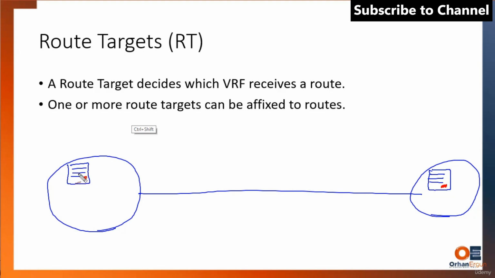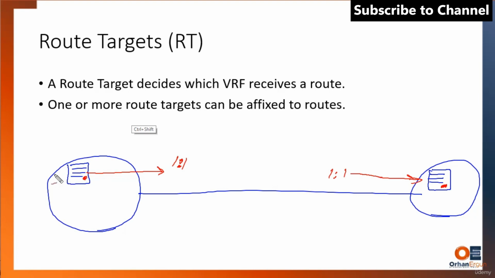I say when I am sending this to the other side, I am exporting this with a specific value like 1:1. This is going to say I am importing just routes that have 1:1, not the route distinguisher. This is an extra value, like I said.